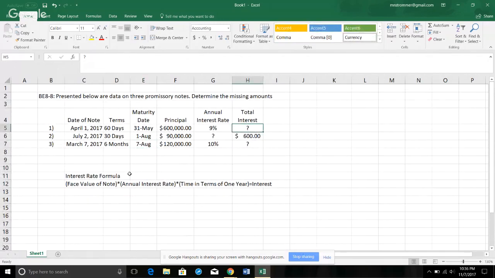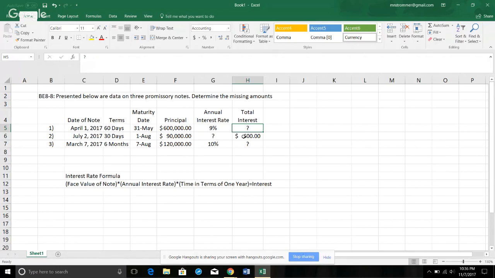Next thing we need to do here is use this interest formula that was given to us in the book to figure out, for the first row here, what the total interest is. To do this, we need to know the face value of the note, the annual interest rate, and time in terms of 1 year.